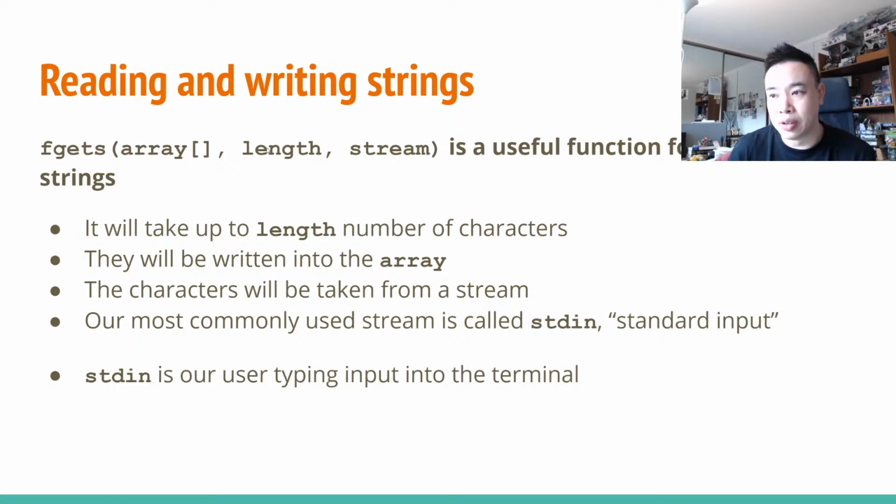Because if we have this length longer than the amount of space we have available in the array that we give to fgets, we could potentially cause index out of bounds errors and stuff like that. So this is our way, like pretty much all functions we've been using arrays, we've said the array and we've said the length to let the function know how far they can go safely into this array.